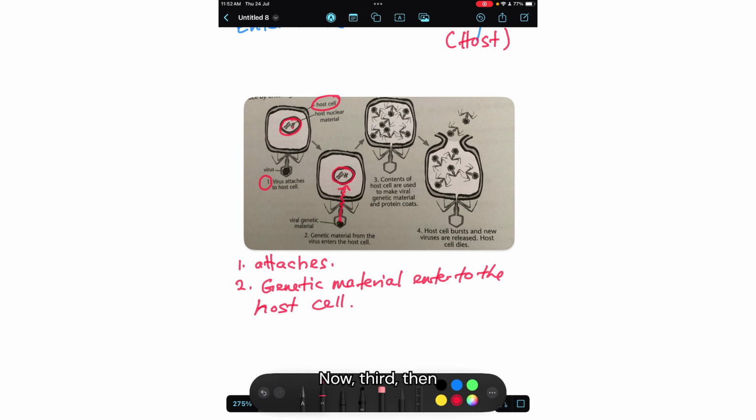Now third, the contents of the host cell are used to make viral genetic material and protein coats.